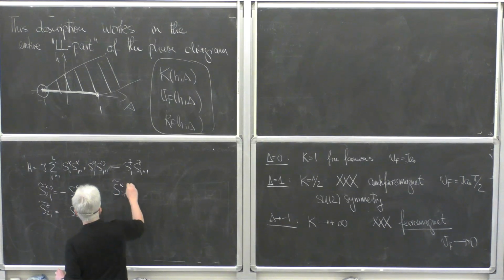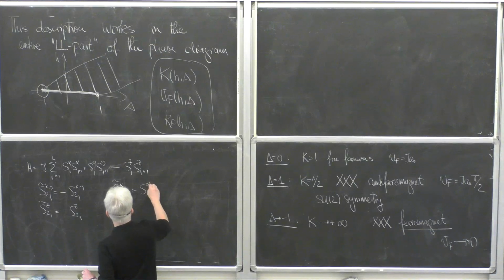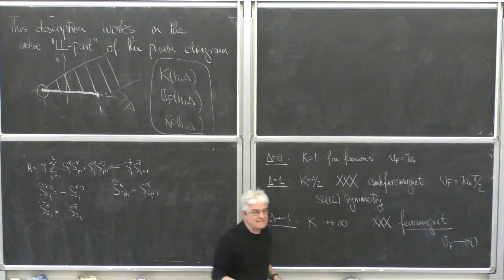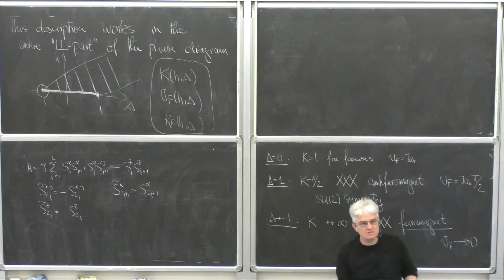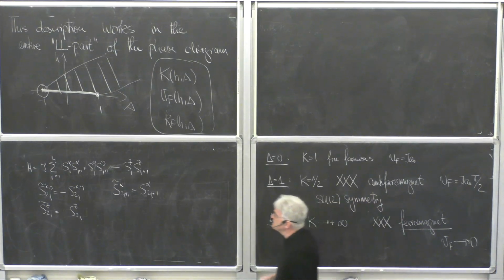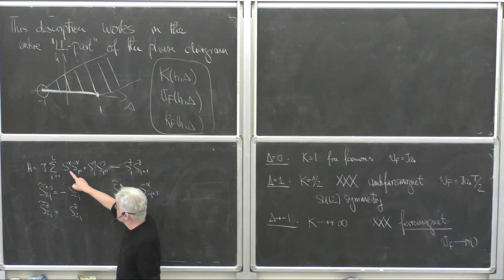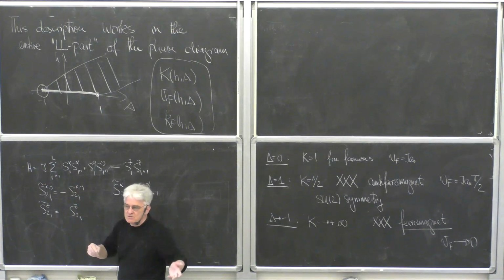It's compatible with SU(2) commutation relations. And now you see in these products, I always have one on an even site, one on an odd site.